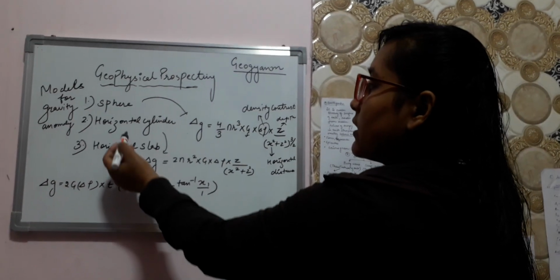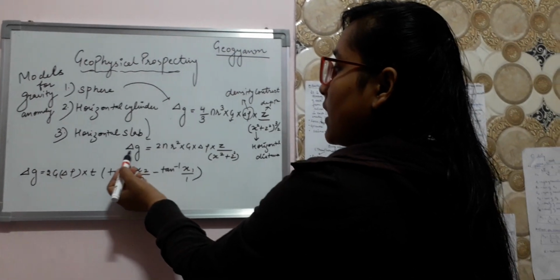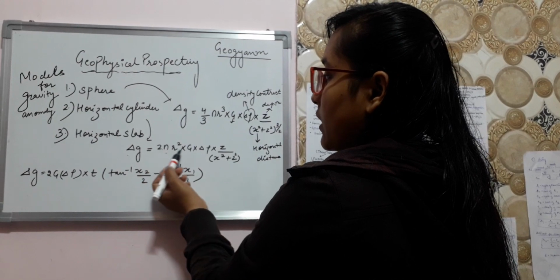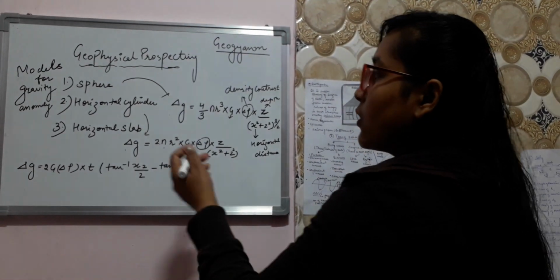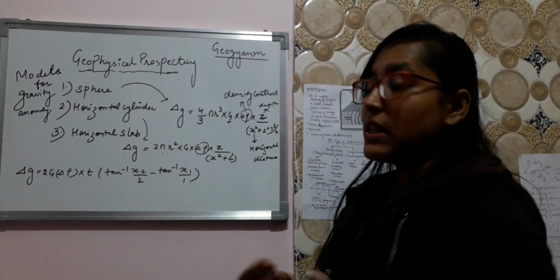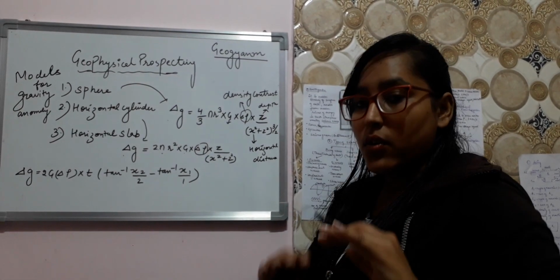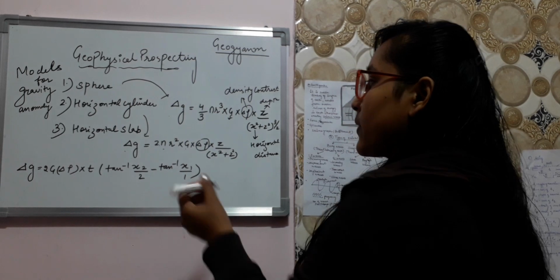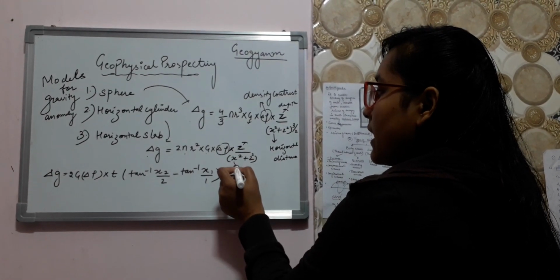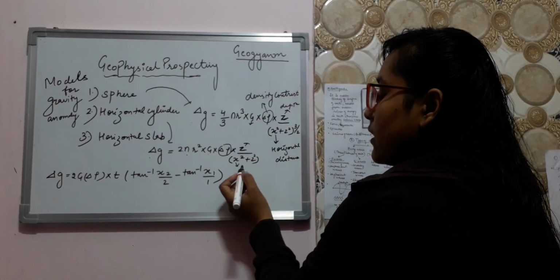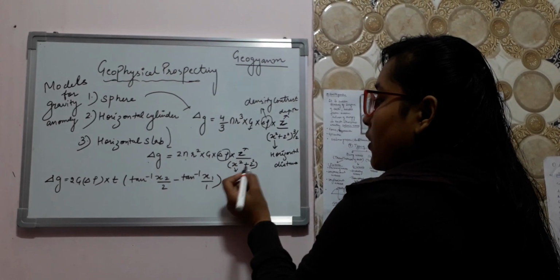Okay. And for the horizontal cylinder, it is delta G equal to 2 pi r square into G into delta rho, again the density contrast, because we are dealing with the gravity method which deals with the density contrast of the underground rocks, and into Z, it will be our depth, upon x square plus Z square, where x is the horizontal distance.